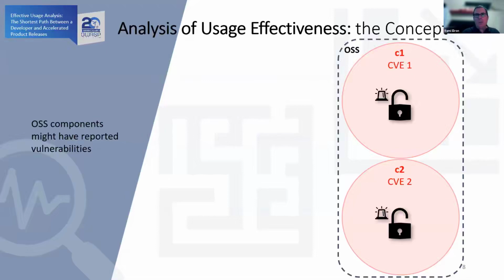And obviously, whenever there is a report of a new vulnerability, there are many chances that you will already have a fix. But running those fixes immediately might be something that you may not necessarily elect to do for a variety of reasons. So on the right-hand part, you see we have two components, C1 and C2, each with their own corresponding CVE, just for the sake of example, CVE1 and CVE2, those being open source components with reported vulnerabilities.